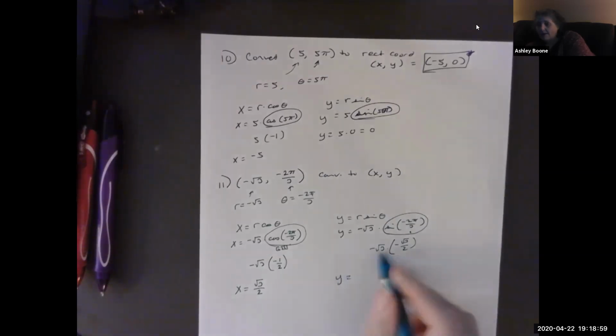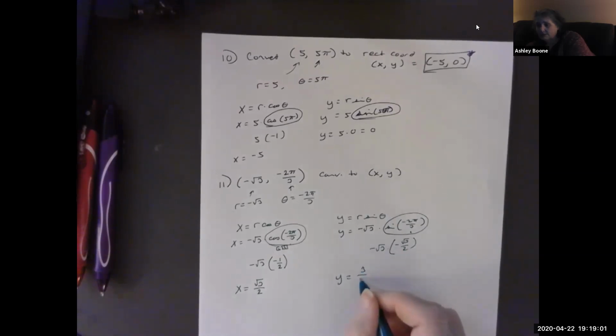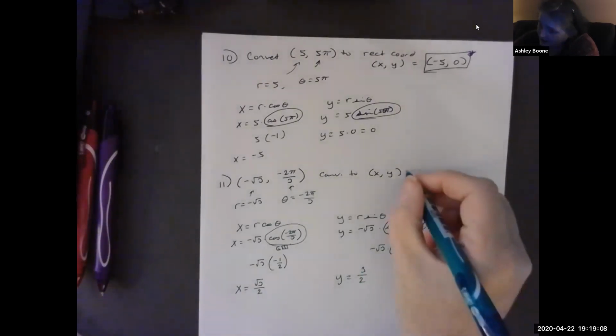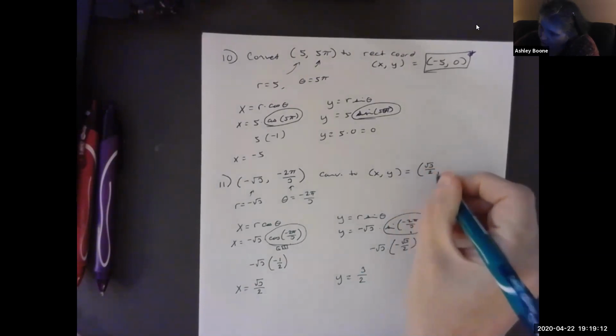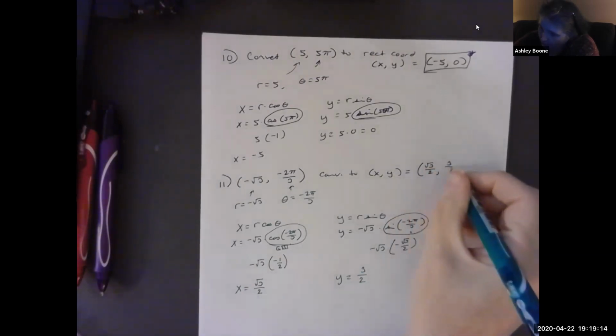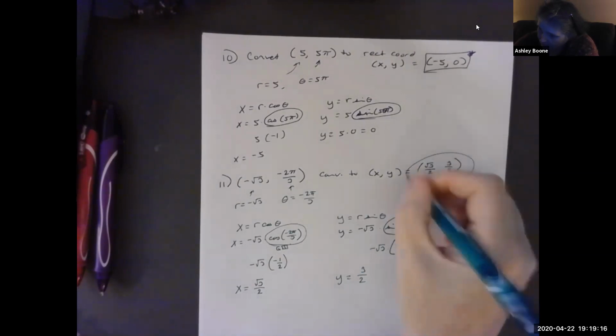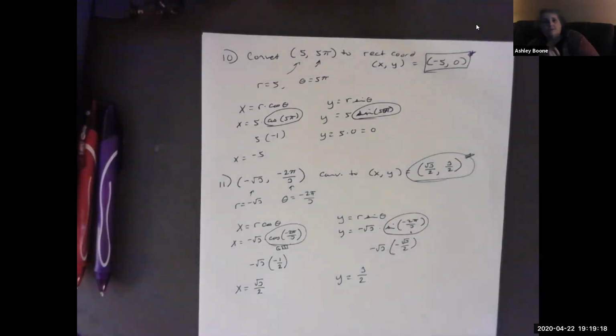Our y value is a positive 3/2. Okay. So our answer for this, the rectangular coordinates, you have an x value of √3 over 2, but a y value of 3/2. Okay. So that's how you can convert from polar coordinates to rectangular coordinates.